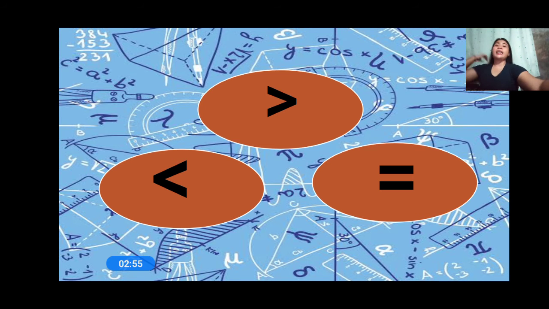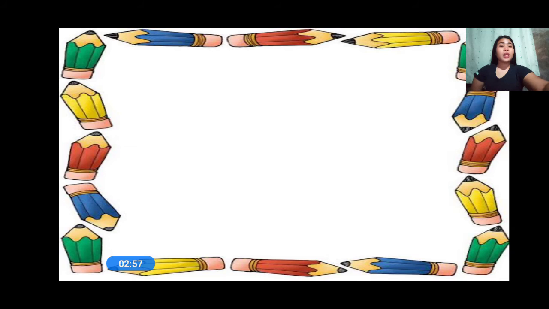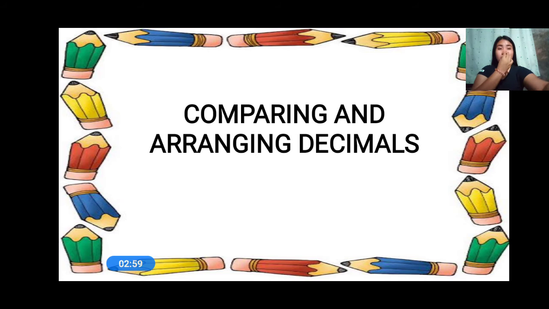Now today, everyone, we are going to talk about comparing and arranging decimals. Okay? Now, do you still remember something about decimal? Okay, a number with decimal point. So here, the decimal point separates the whole number to decimals.